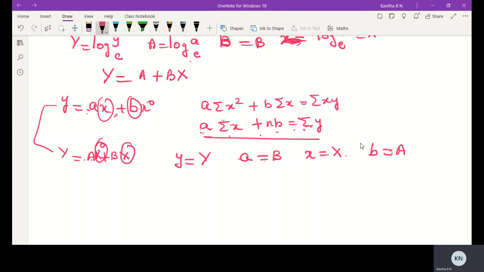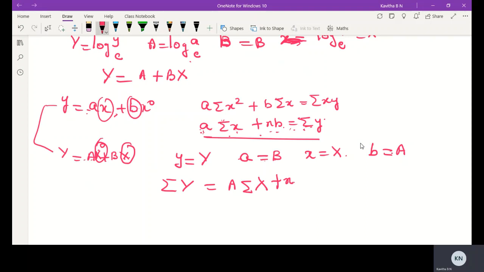In place of summation of small y, we write summation of capital Y. In place of small a, we write capital A. Then summation of capital X plus n as it is.